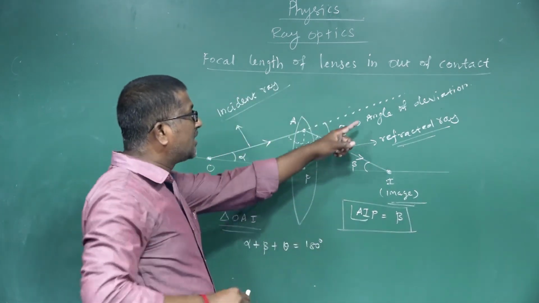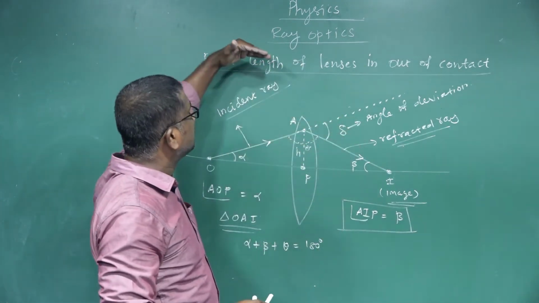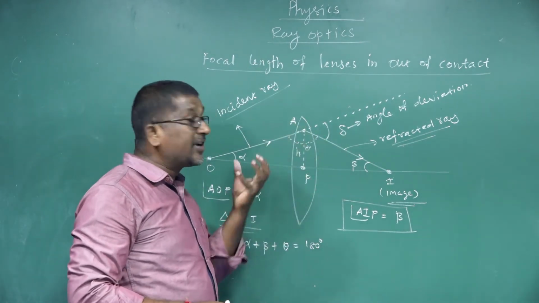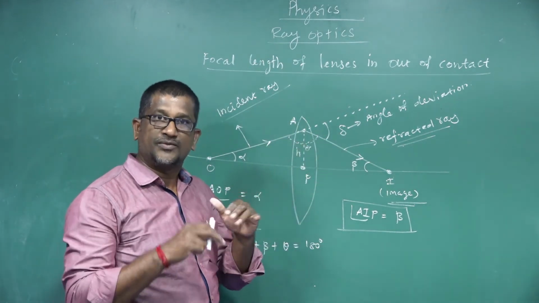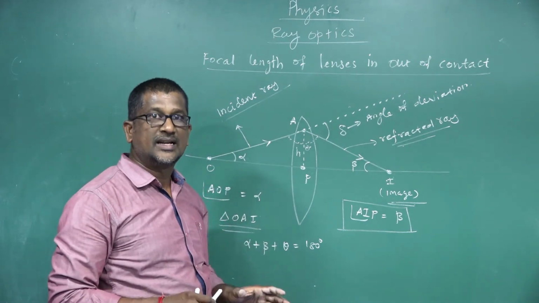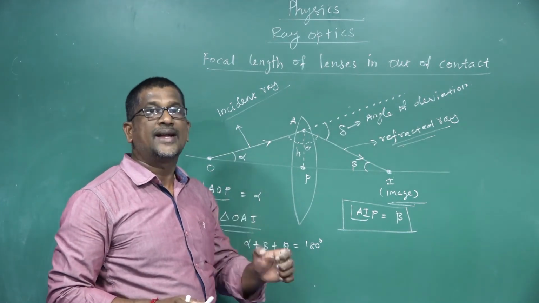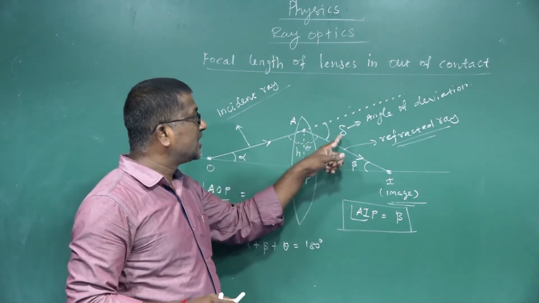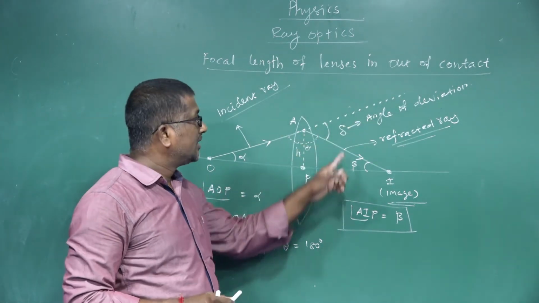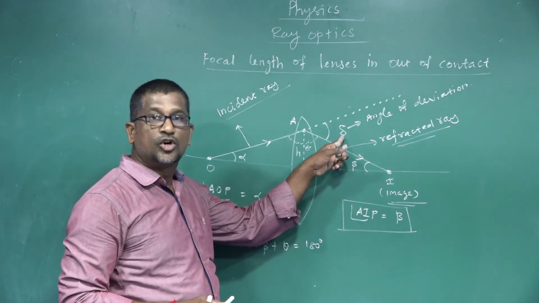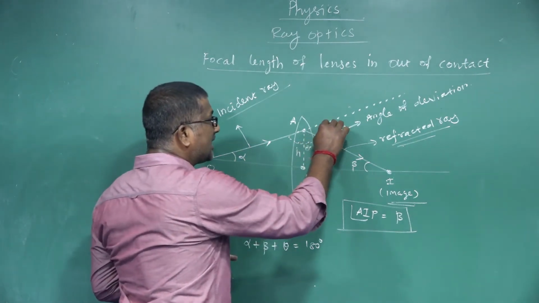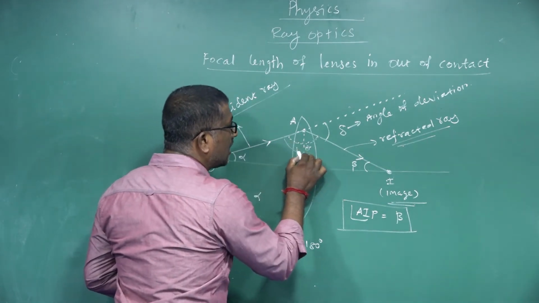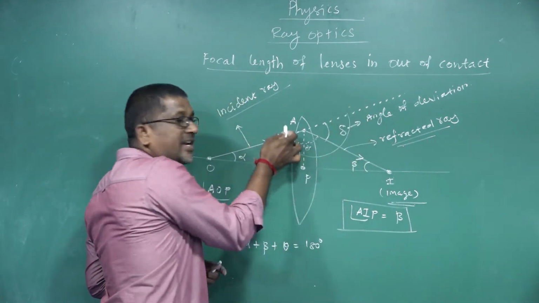The purpose of the angle of deviation introduced in this topic is to determine the effective focal length of the combination of thin lenses, and also to find the position of the equivalent lens. Here this is called the angle of deviation. It is denoted by del. So this angle is del and this angle is theta, and the total angle is 180 degree.